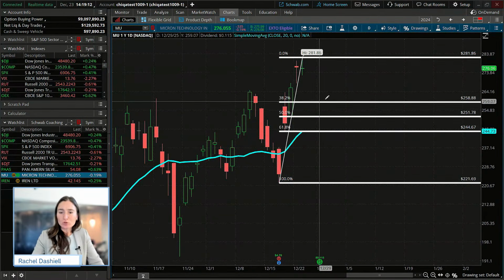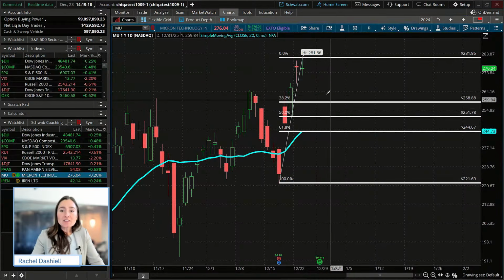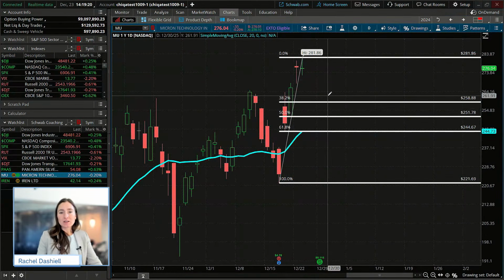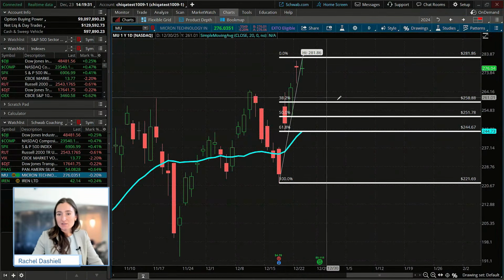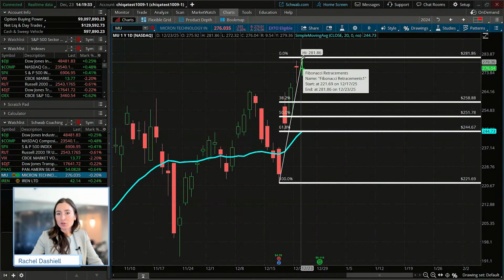If we see that confirmed bounce of that 258 level, that may give traders an indication to add on to this trade, because it gives them a buy the dip opportunity within this overall uptrend. So that's the short term in that case.